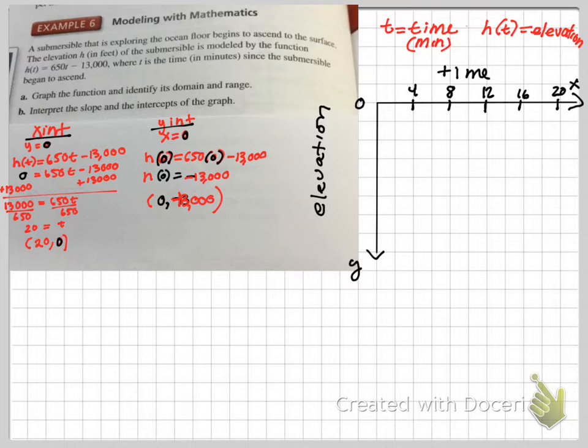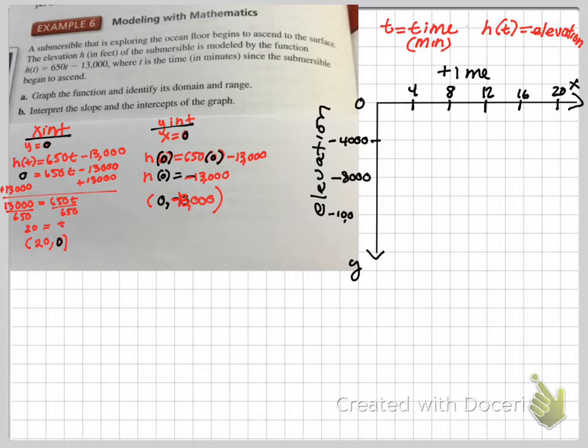My y-axis has to go to negative 13,000, so I'm going to make each line worth 2,000: negative 4,000, negative 8,000, and the next one will be negative 10,000.